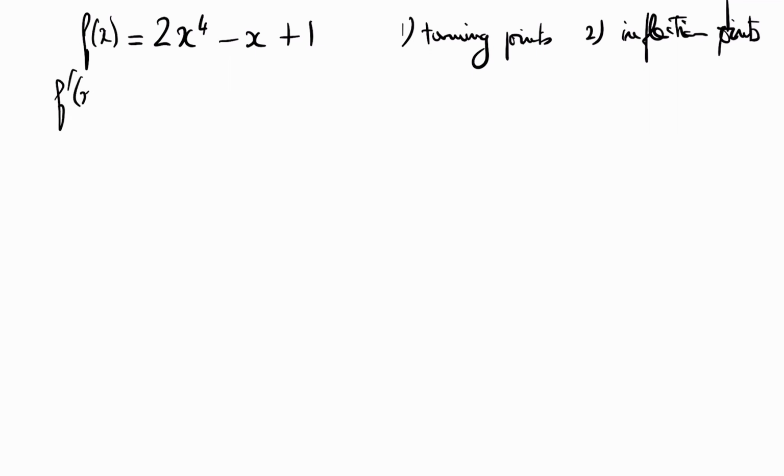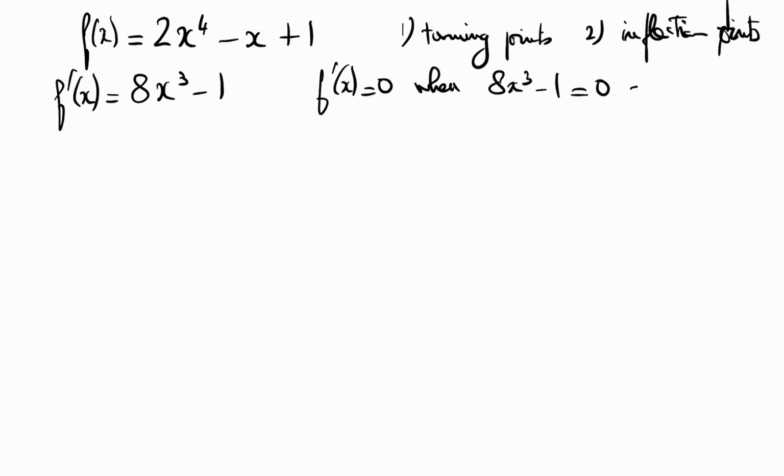First, the derivative is 8x cubed minus 1. So f prime of x equals 0 when 8x cubed minus 1 equals 0, which is equivalent to x cubed equal to 1/8. So that means that x is equal to 1/2.